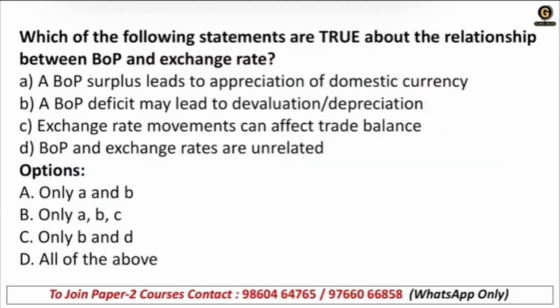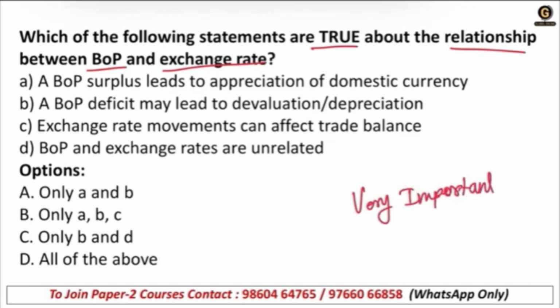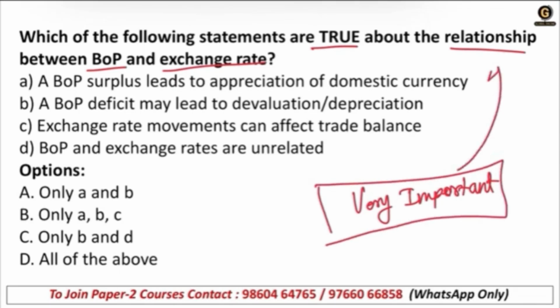Which of the following statements are true about the relationship between BOP and exchange rate? Very important. Okay, very important question. A, BOP surplus leads to appreciation of a domestic currency.